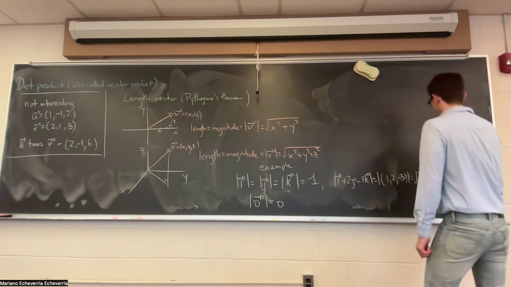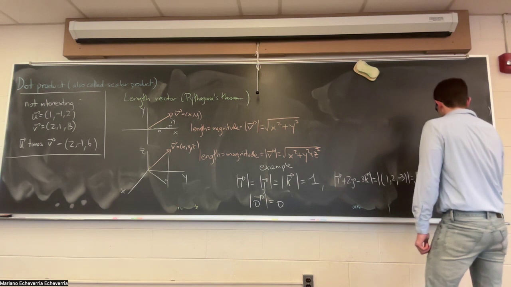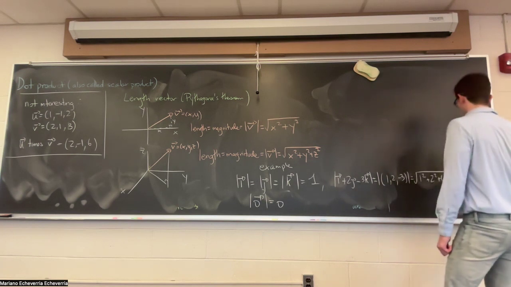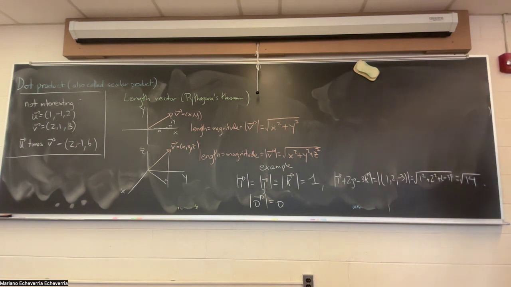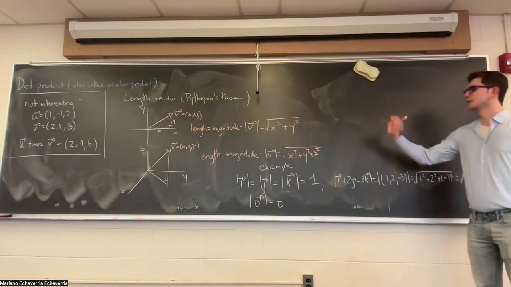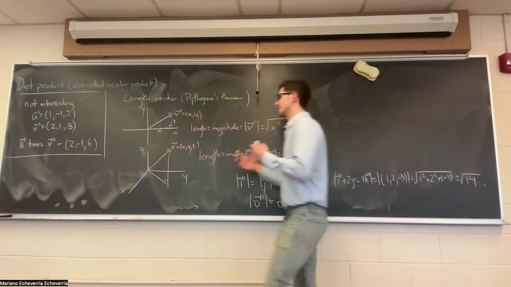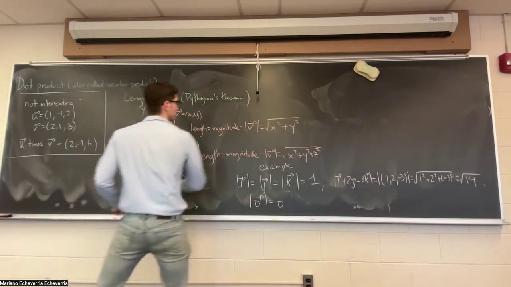And that would be the square root of 1 squared plus 2 squared plus negative 3 squared. So that's 14, the square root of 14, whatever that is. Okay, so the point of these things is that it's always a number, right? The length is a number, or a scalar. So this is always a scalar. This is a number.